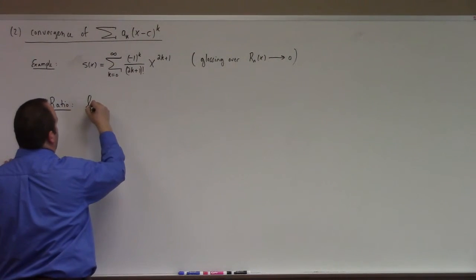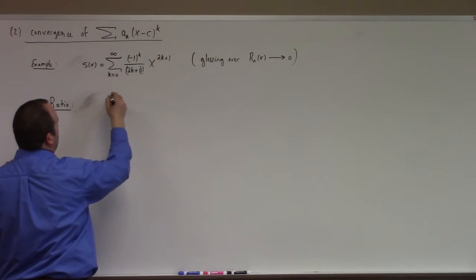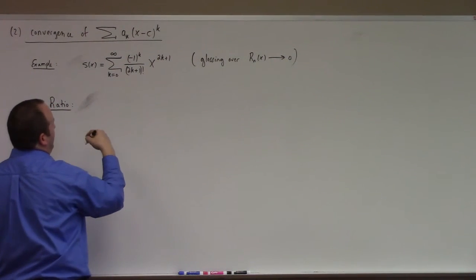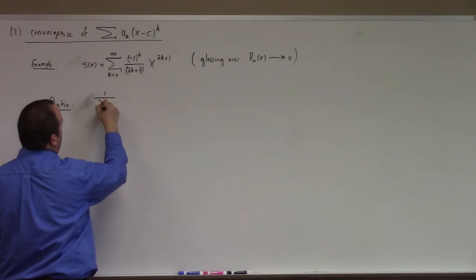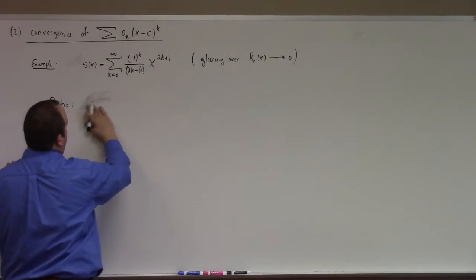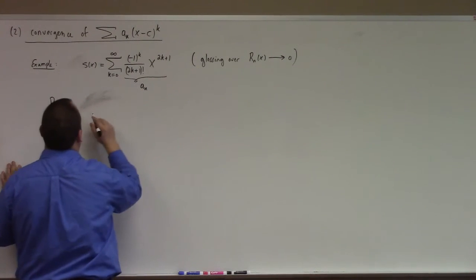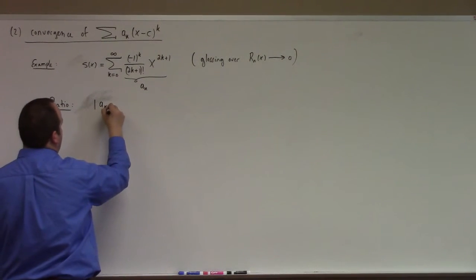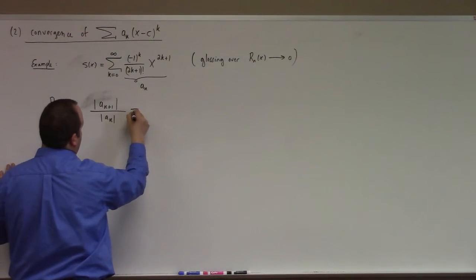So we want to look at, and we can look at the absolute value of it, right? Let's call this whole thing a sub k. So what I want to do is look at the absolute value of a sub k plus 1 divided by the absolute value of a sub k, which is what?